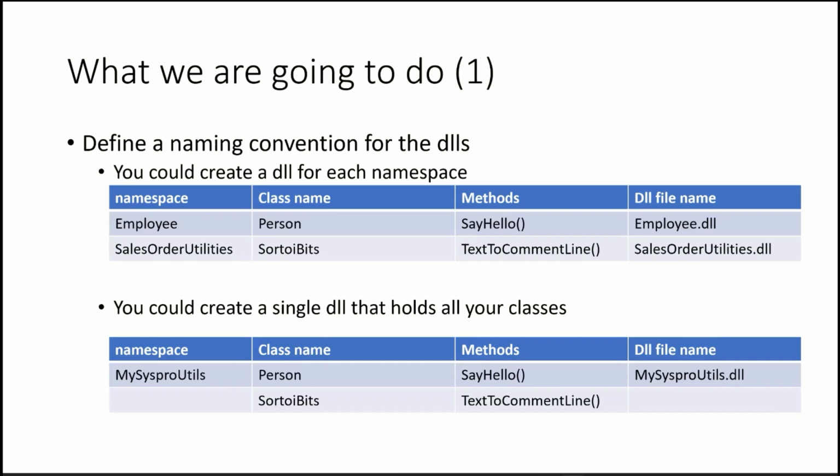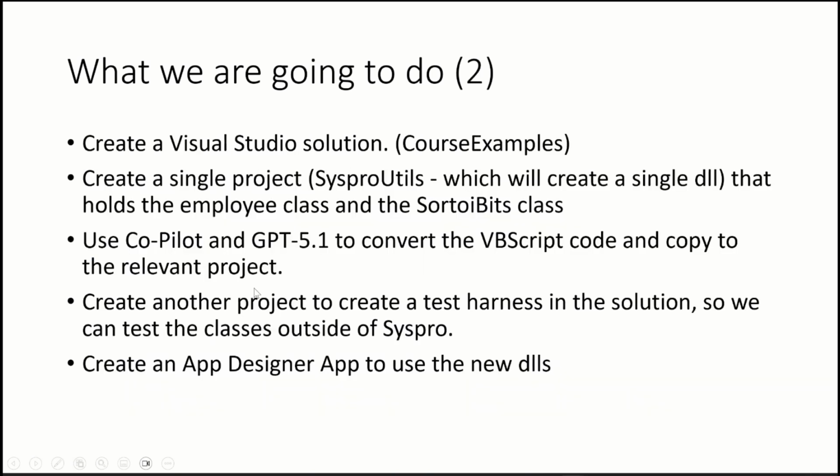So let's have a quick look now at the steps that we're actually going to be doing. We're going to be creating a Visual Studio solution called Course Examples. I am using Visual Studio 2022 Community Edition for this course. You could use Visual Studio Code or the full-blown Visual Studio, but beware of licensing. And I do cover this in the previous course.